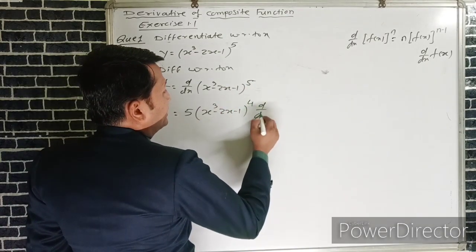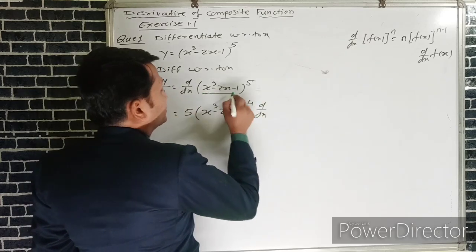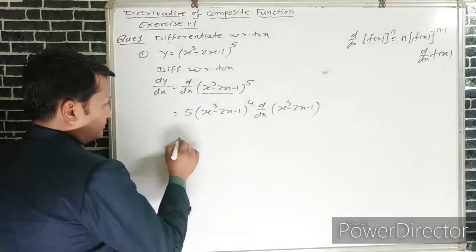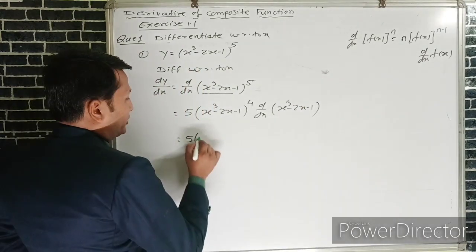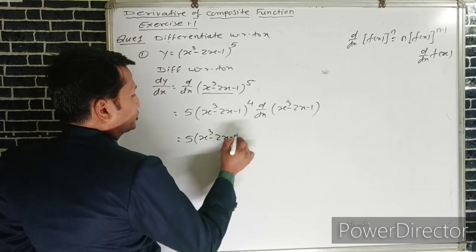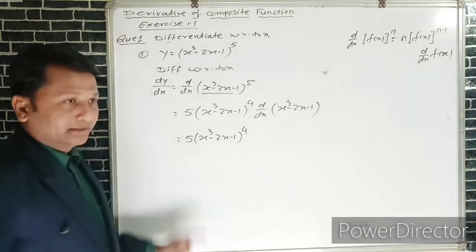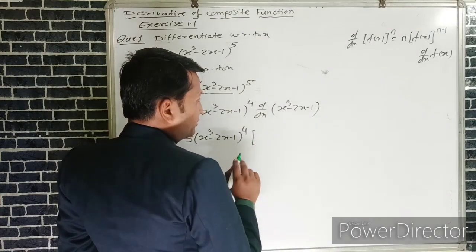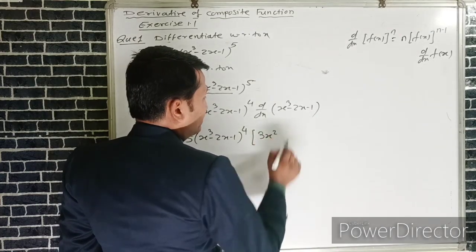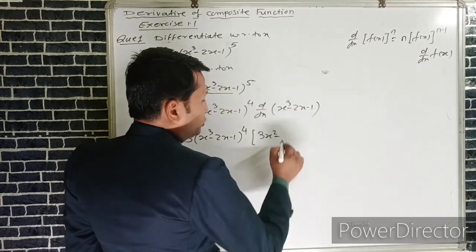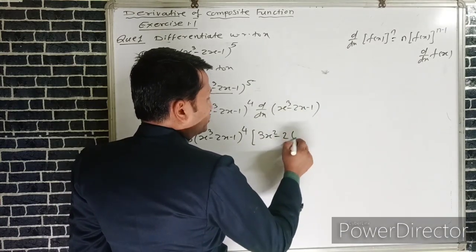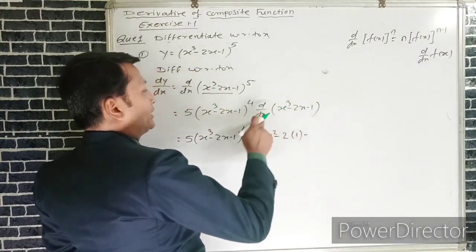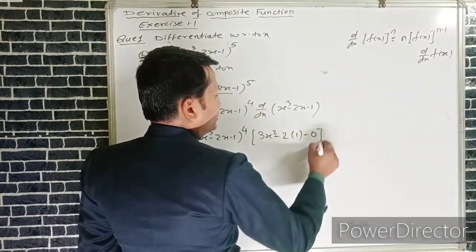And we take again the derivative of the inner function, which is x cube minus 2x minus 1. After that, 5 into x cube minus 2x minus 1 whole raised to the power 4 as it is. The derivative of x cube is 3x square, minus 2 is a constant and the derivative of x is 1, minus 1 is a constant, and the derivative of any constant is 0.